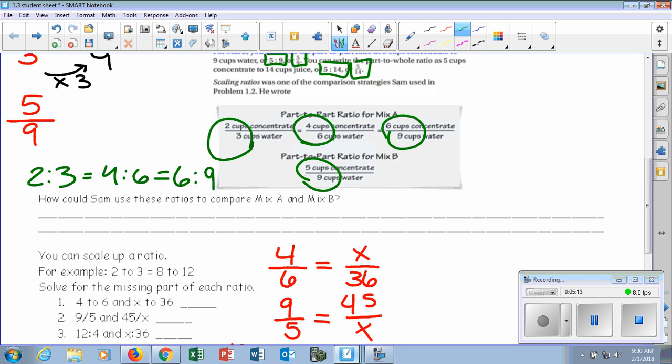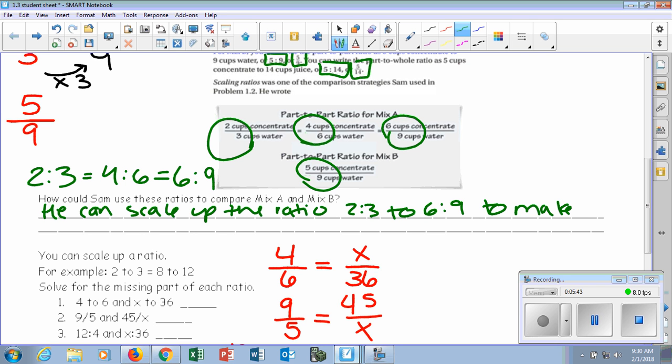So we can write here, he can scale up the ratio 2 colon 3 to 4 colon 6 to 6 colon 9 to make it easier to read or to compare.